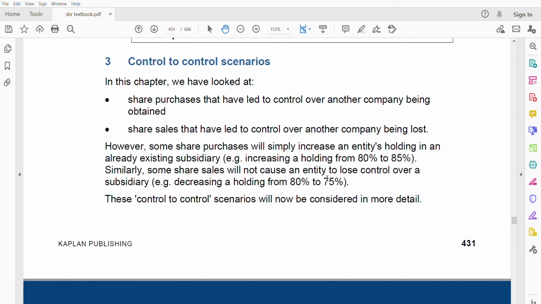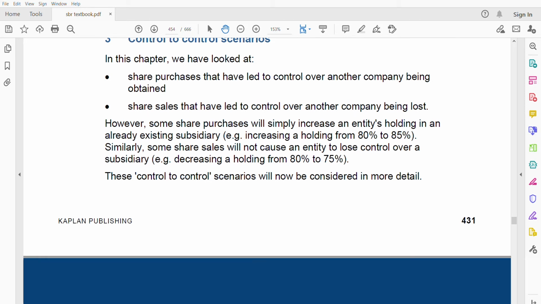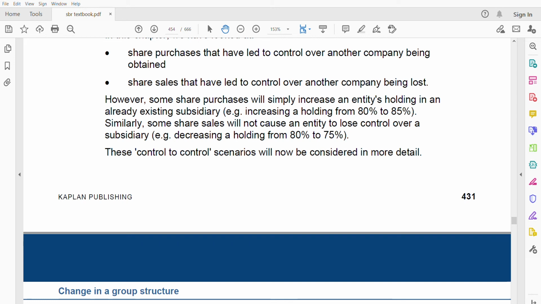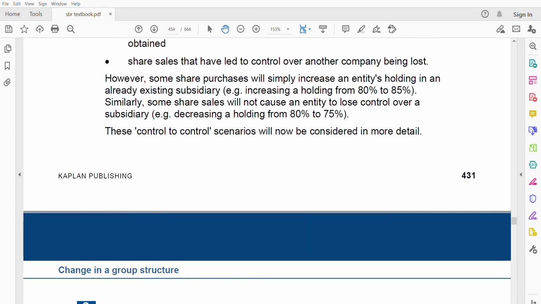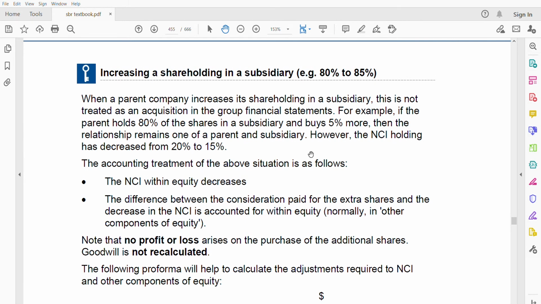They will be a subsidiary in both scenarios, whether you're selling or purchasing. When control is retained, they are still a subsidiary. Let us consider this in more depth. When shareholdings are increased, this is not even treated as an acquisition in the group financial statements.